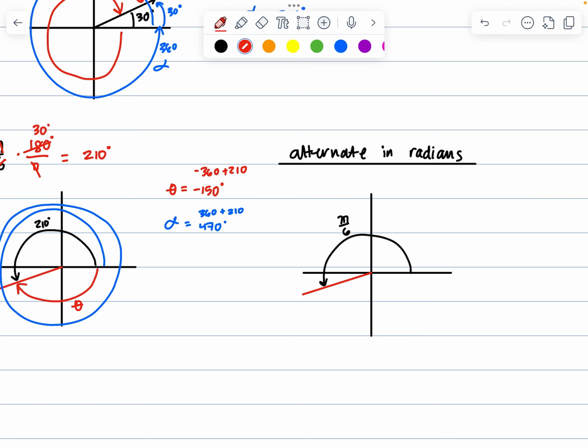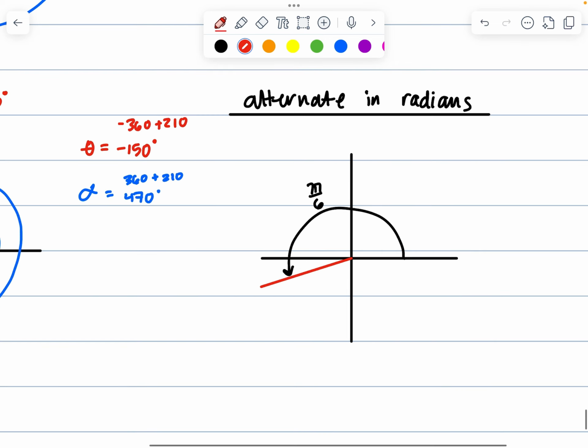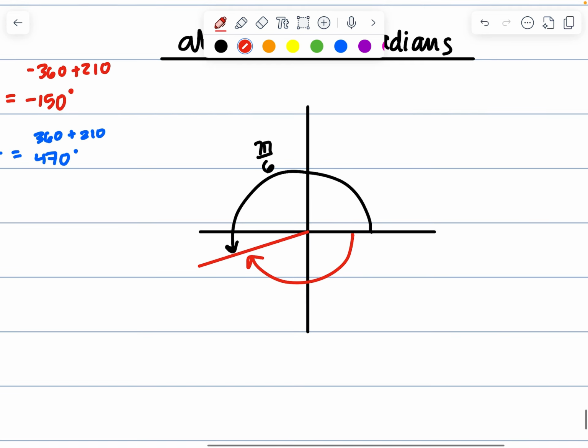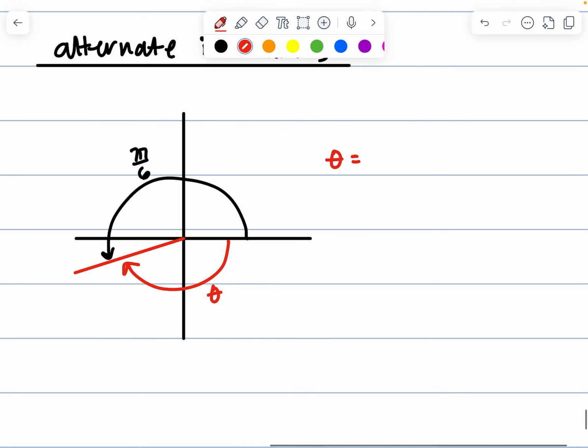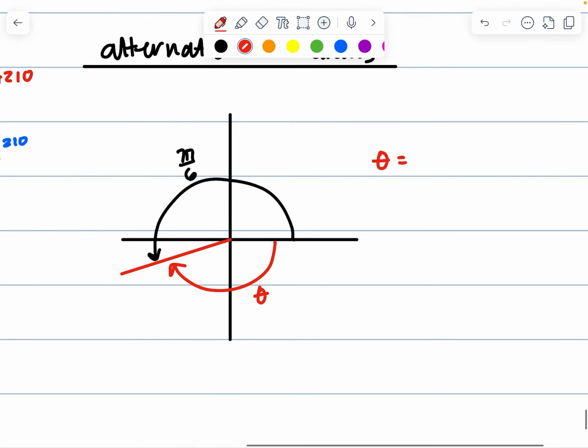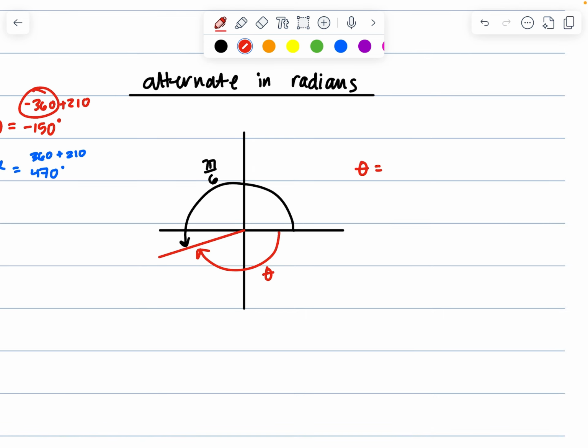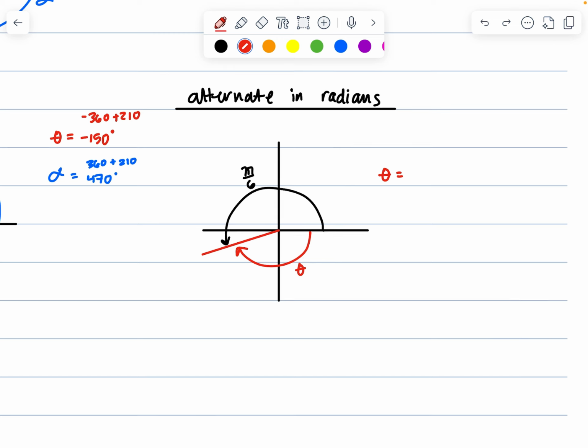Now a coterminal angle would be wrapping around. In this particular case, we could say that if we do a full circle, and we call this theta again, we would normally do a full circle, or in this case, a negative full circle.